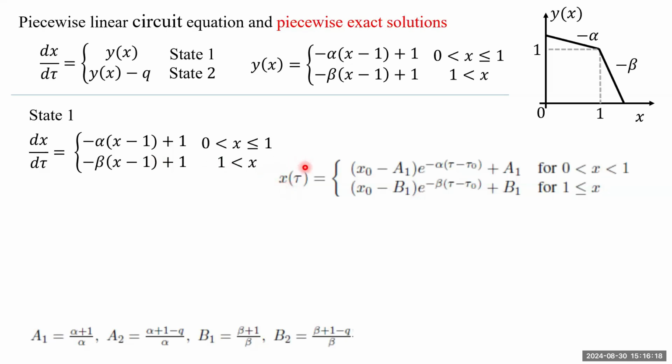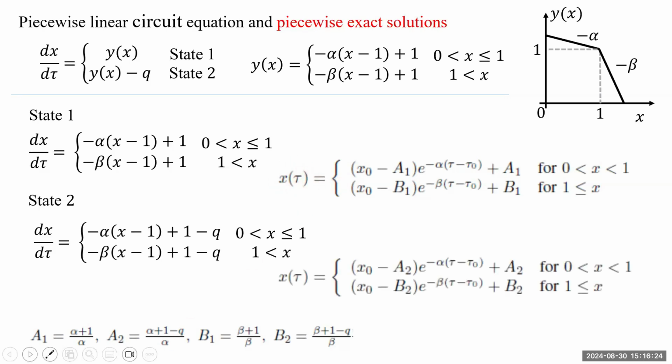We have simple piecewise exact solutions like this. And in state 2, we also have a piecewise exact solution like this, where A1 to B2 are given by parameters. By connecting these solutions, precise exact analysis is possible.